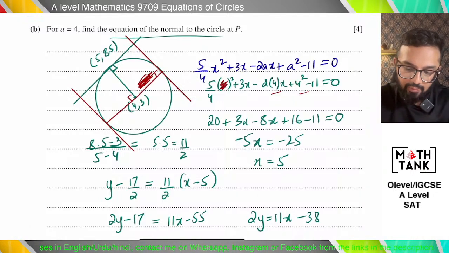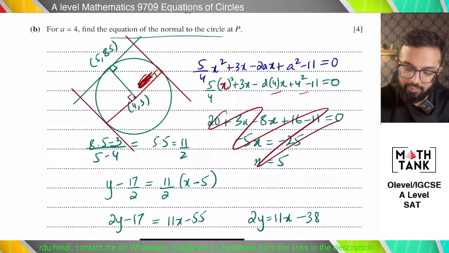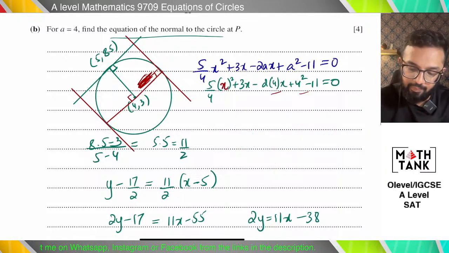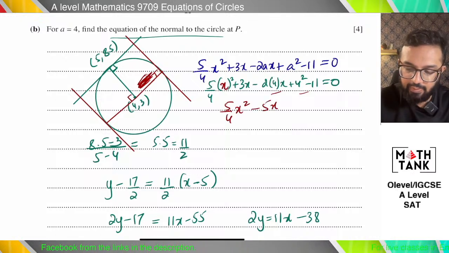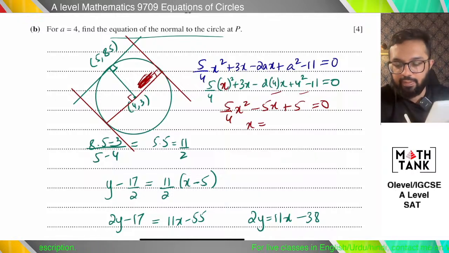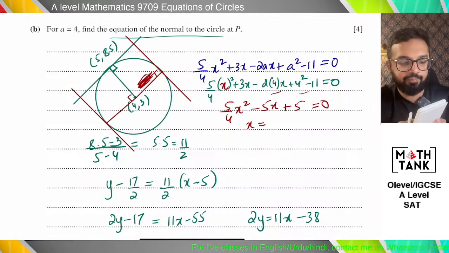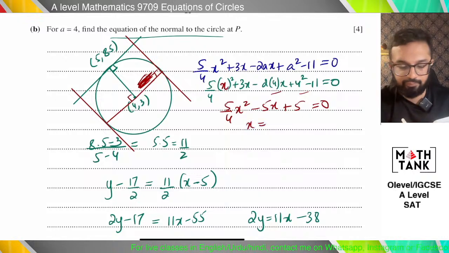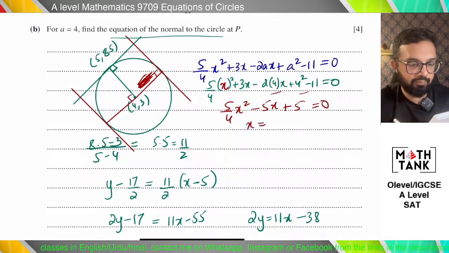Okay, I don't know why I've put an x there. So 5 over 4 x squared minus 5x plus 5, solve for x. x is 2.